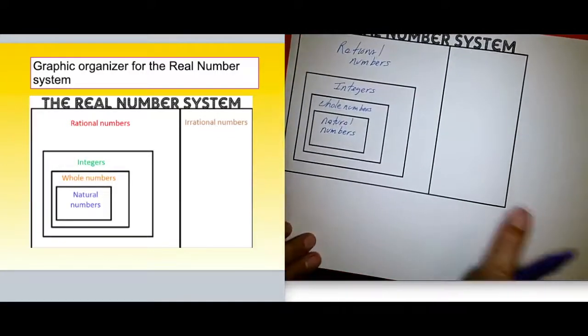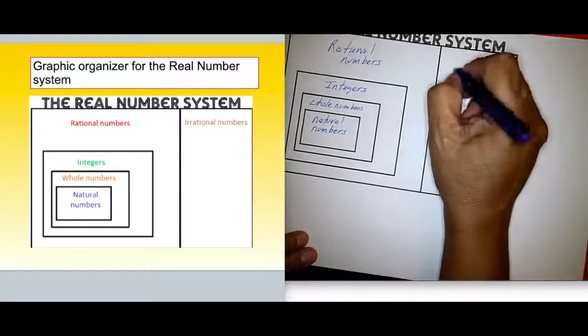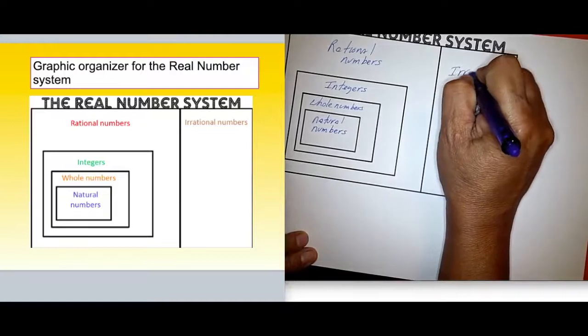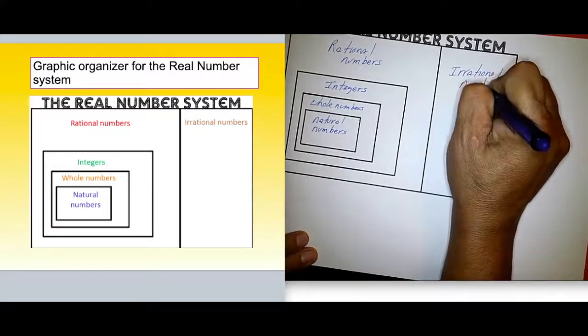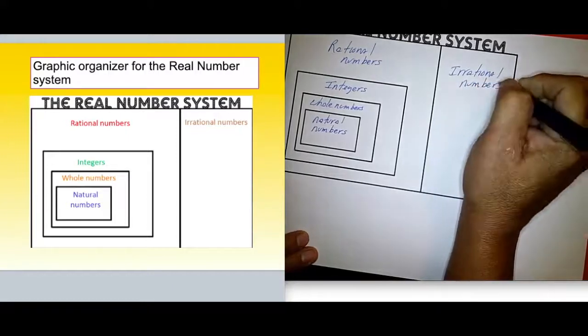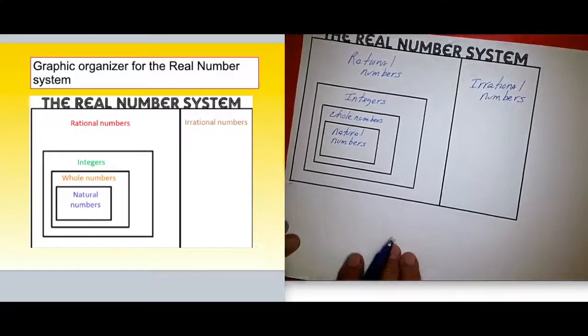On the other side of the chart, which is disjoint, in other words, they're not related, are the irrational numbers. So we have filled in the graphic organizer with a different set.